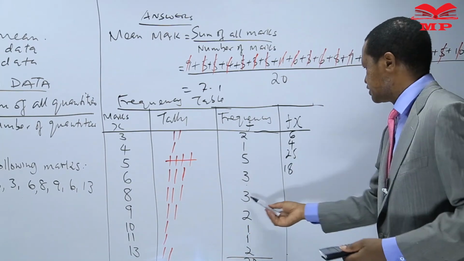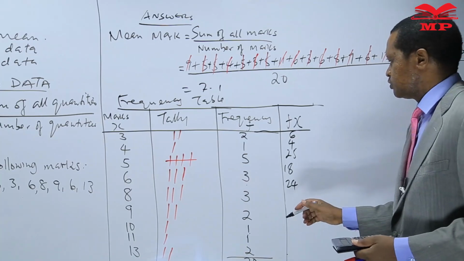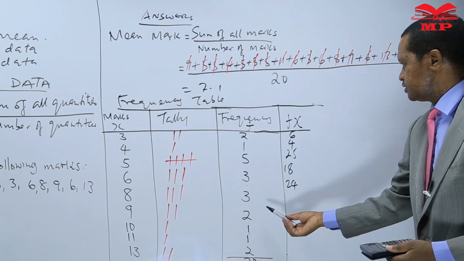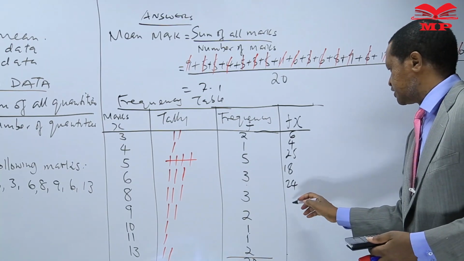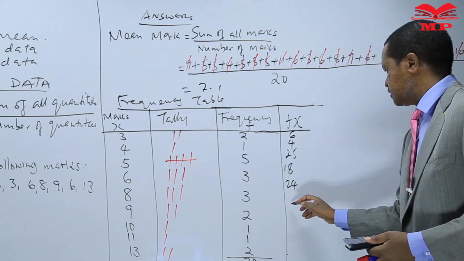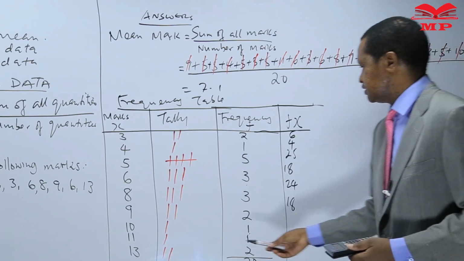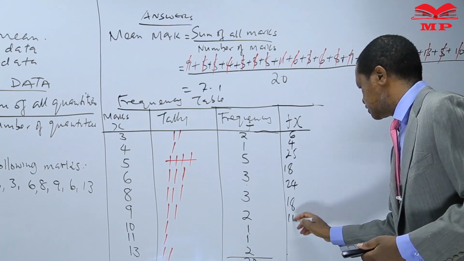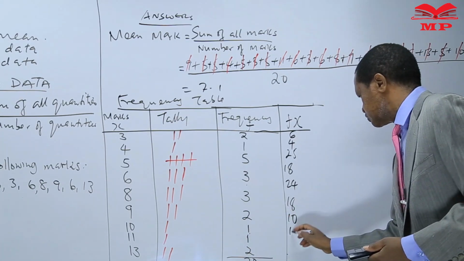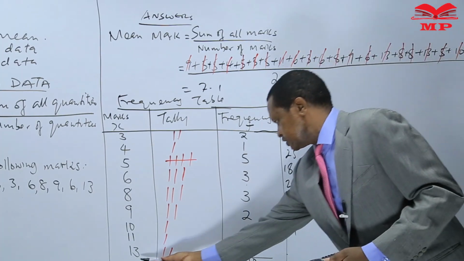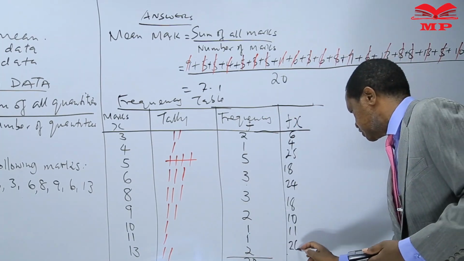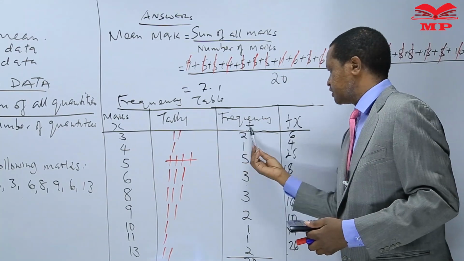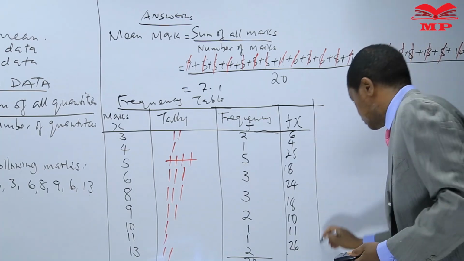8 times 3 is equal to 24, then 9 times 2 will give us 18, then 10 times 1 is equal to 10, 11 times 1 is equal to 11, then 13 times 2 is equal to 26. So that is the product of X and F. So we will get the total.